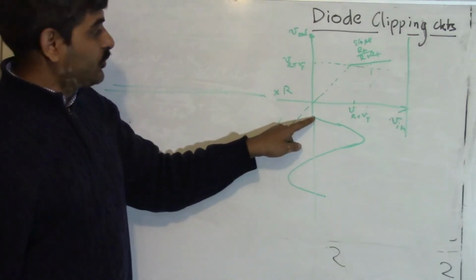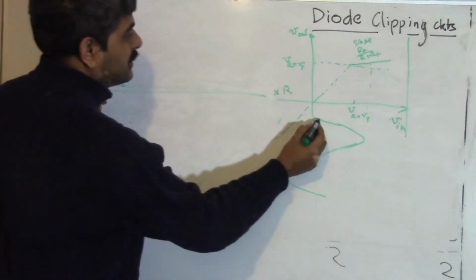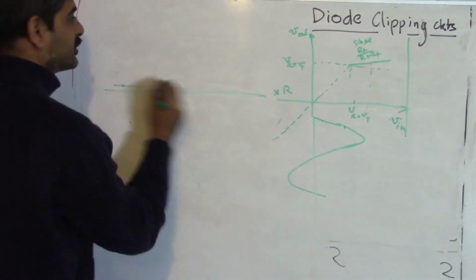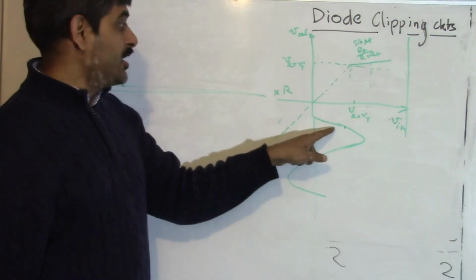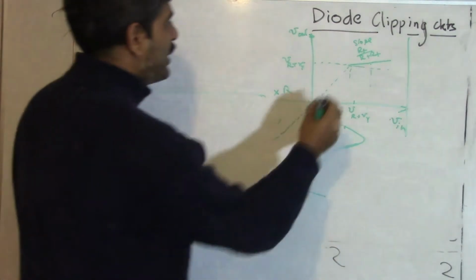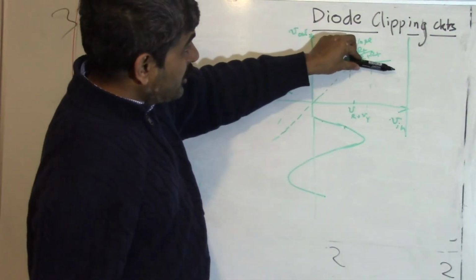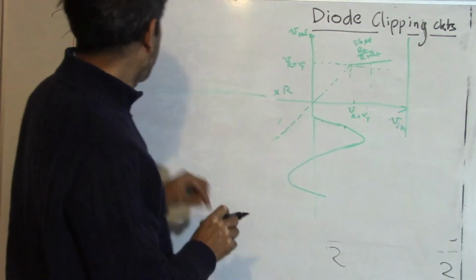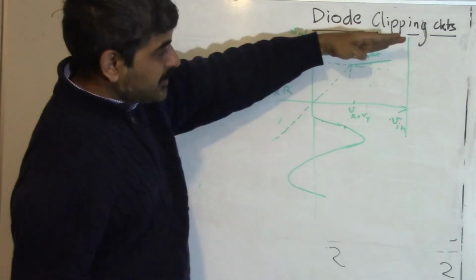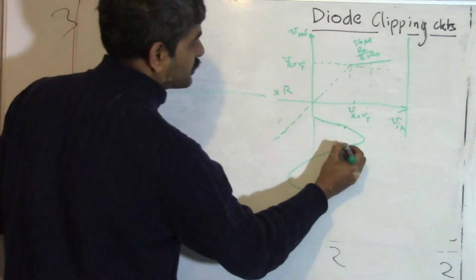When the input is 0, the output is 0. So we start from here, and as the input increases, the output also increases in the same fashion, because for every Vi we have an output Vi. So this graph looks like this, and it continues till here. If RF were 0, this graph would have been flat. But because this has a little tapering here, the output is not flat in this duration.